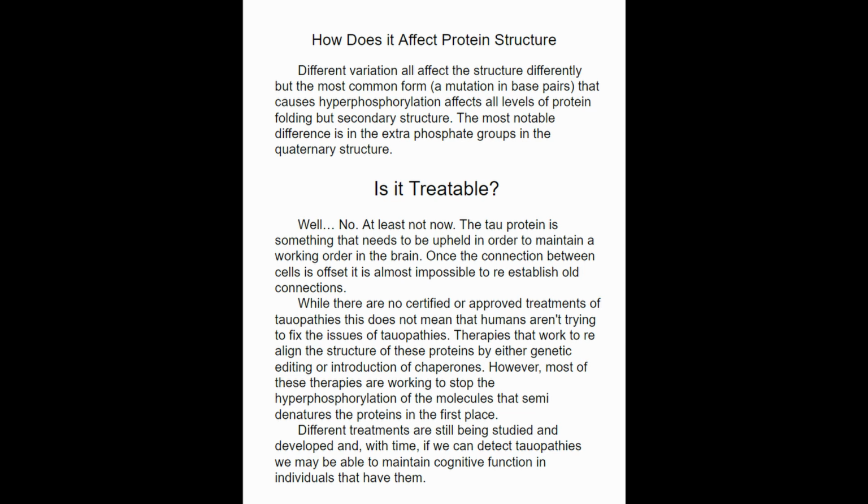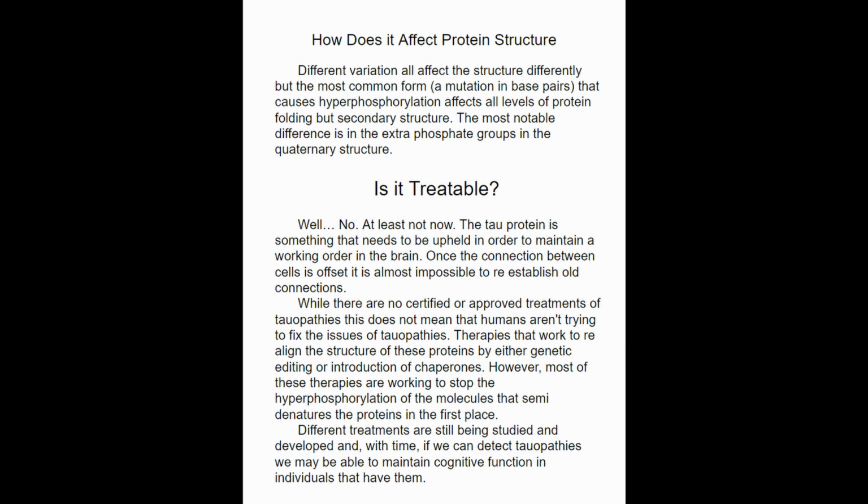And so, while it does affect the primary and tertiary structure of the protein, it is most predominantly the quaternary structure that has the issue, because it functionally alters the protein, as the phosphate groups are a large portion of how the protein works. And with the extra phosphate groups, the protein's ability to do its job is hindered, and thus it doesn't work as well.